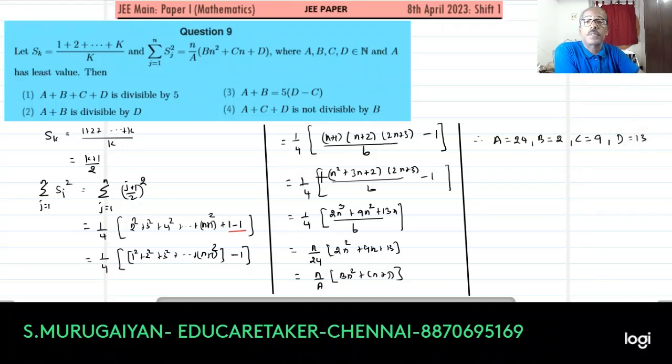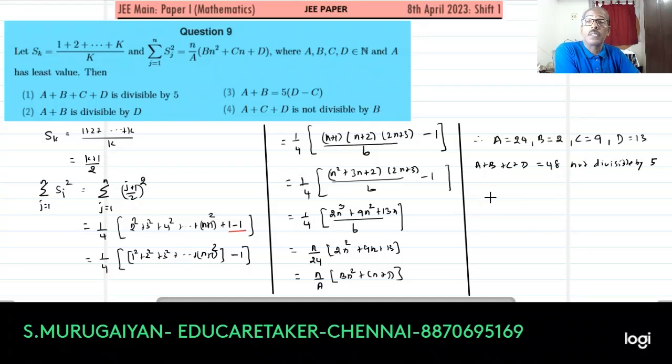If we look at the first option, then a plus b plus c plus d, 24 plus 2 is 26, 26 plus 9 is 35, 35 plus 13 is 48, is not divisible by 5. So option 1 is ruled out.